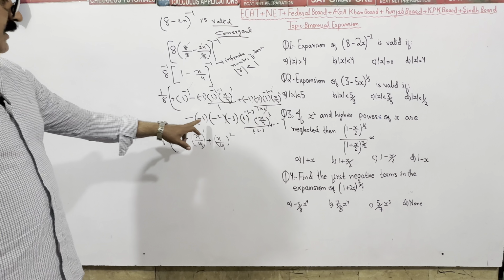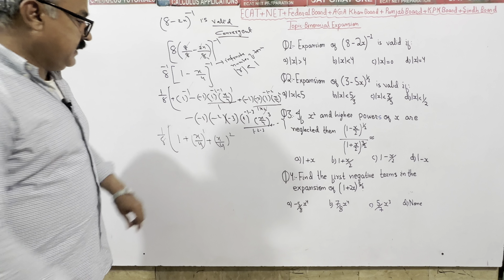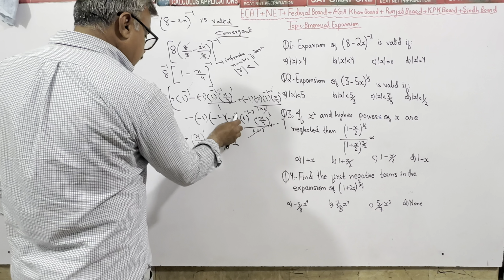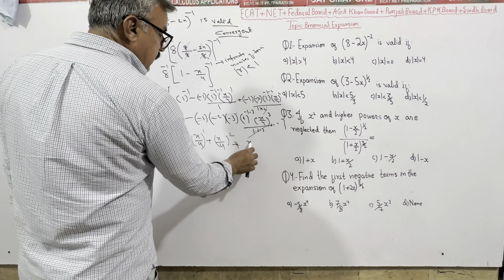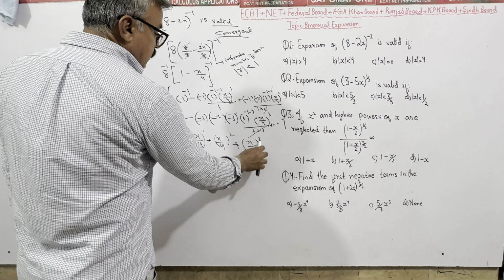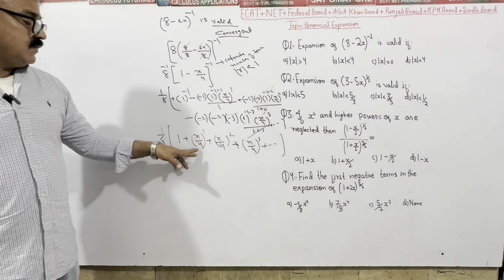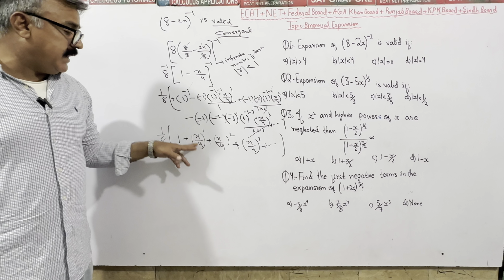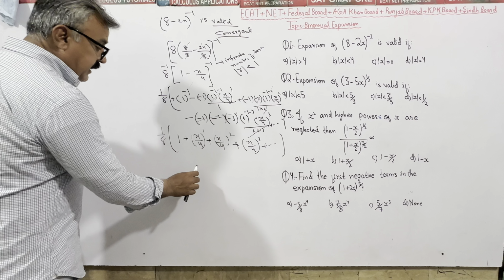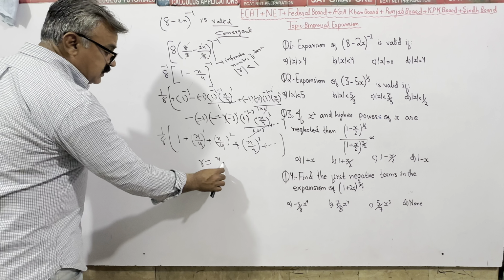And here minus plus, minus again plus. 1, 2, 3 cancelled out. What we have? x over 4 whole cubed, and so on. All are the powers of x over 4. It is our r. r is equal to x over 4.